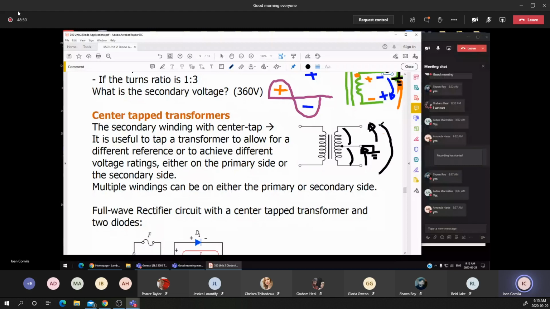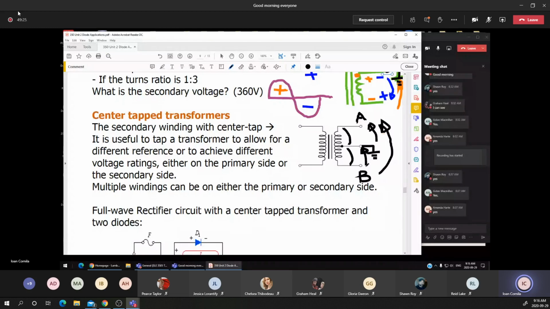I'll label them terminal A and terminal B. It has two halves of the secondary voltage, or I can write the secondary voltage as the voltage between terminals A and B. To find the voltage across a single winding, it's the secondary voltage divided by 2.